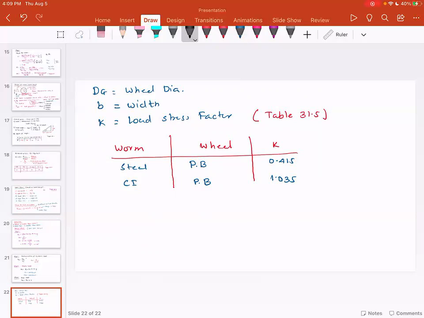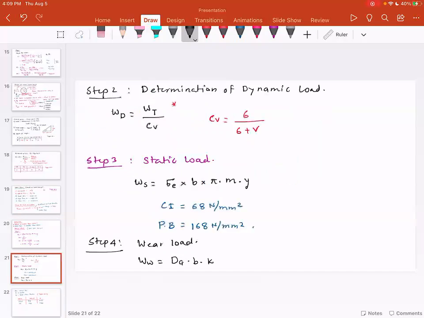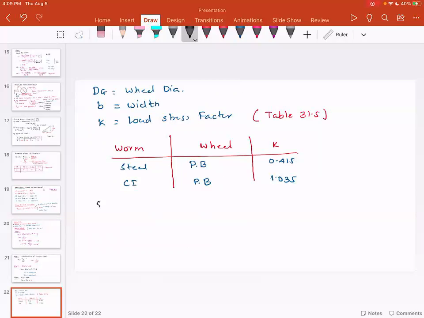And the last part is heat dissipation. So Q is equal to 1 minus efficiency multiplied by power. Now there are two ways to find out efficiency. You can use the equation, or you can use the graph.